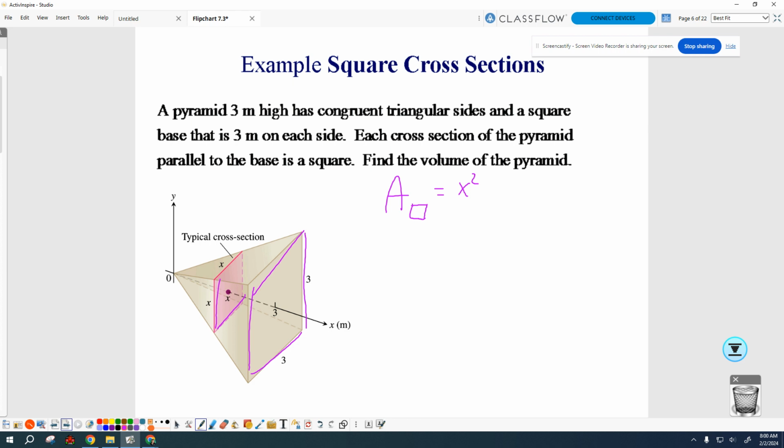So the first thing is try and draw the solid. I am more or less not so good at drawing the picture. But this cross section, pulling it out, it's a square. Okay, Nick said area of a square, x by x. So the process of finding volume: that cross section, that area of the square, and then we're going to give it a thickness.